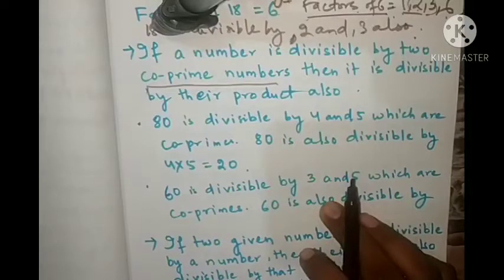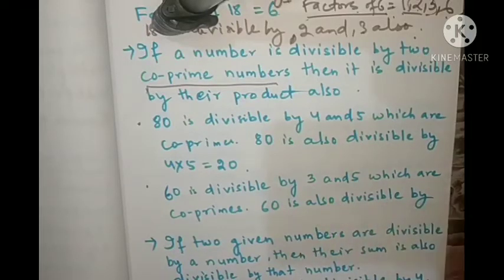What are co-prime numbers? Co-prime numbers are the numbers which have only one common factor, that is 1. So those are co-prime numbers.